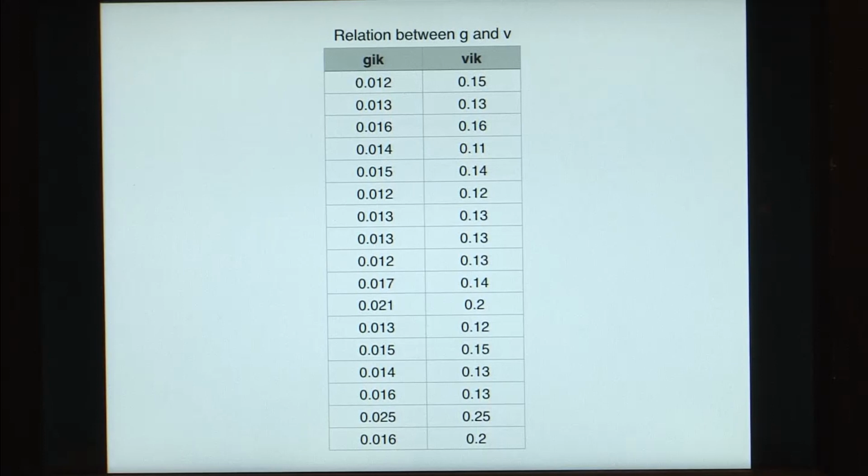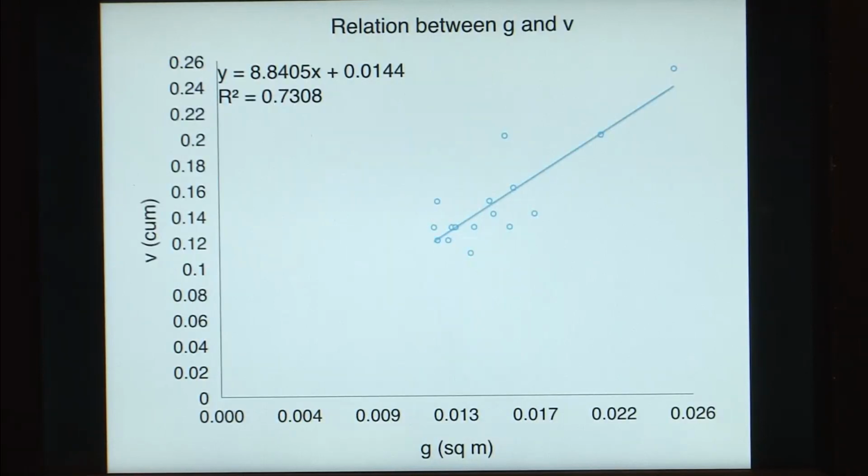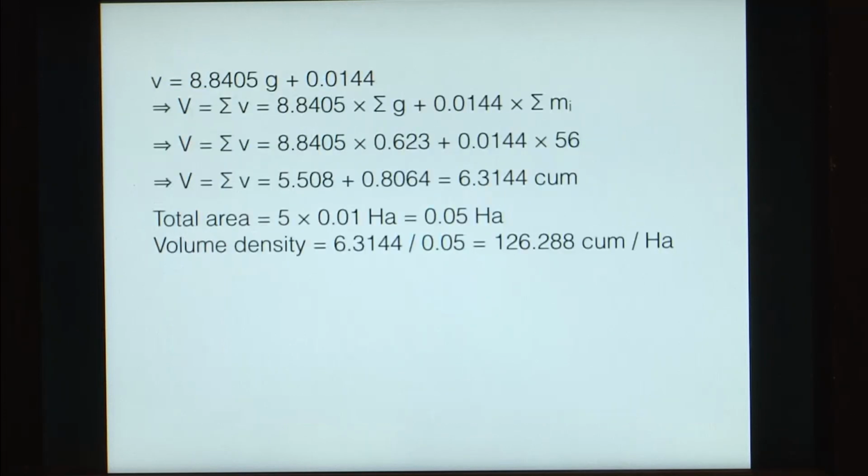Now, coming back to the slides, we took these values of G and V and plotted them together to get this curve and this regression equation, y is equal to 8.8405 G plus 0.0144.